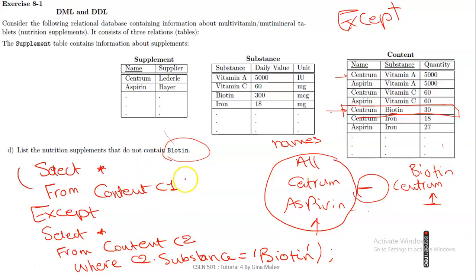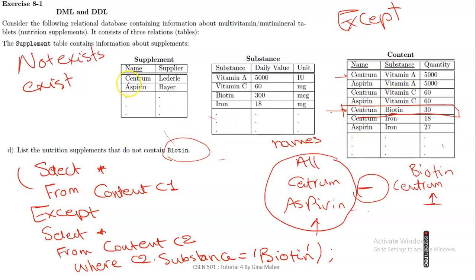Another option is to get the contents that have biotin and check that each row is not found in this content, or does not exist in this content. In this case, we can use exists and not exists. How can we use exists and not exists? Now what we want is to get the names.